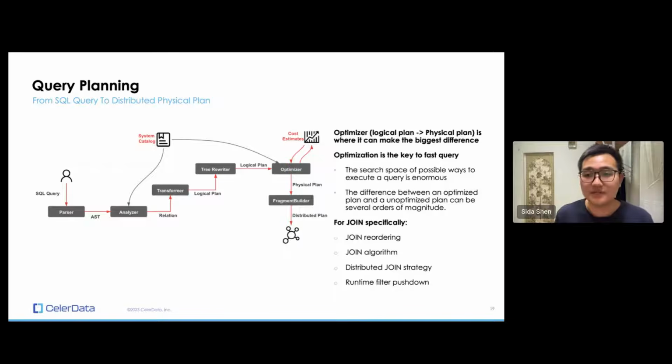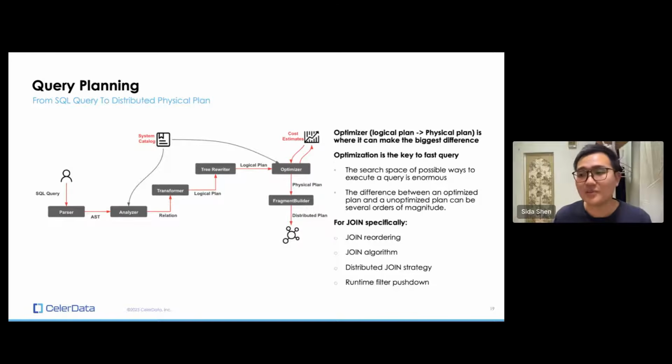The reason being, the logical plan is actually what your SQL is trying to do. So it is, let's say, join A, join B on the key, right? There's really not much you can change, not much you can optimize. But a physical plan is how your database actually executes this query on a single node or distributedly, right?